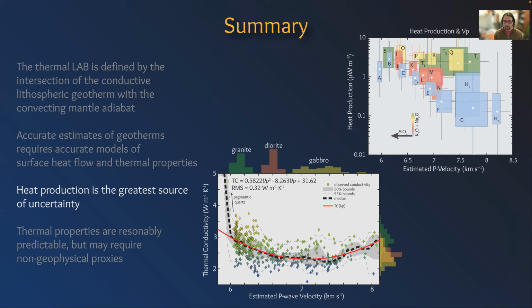One way we can improve our models of these thermophysical properties is by using seismic velocity, which might allow us to predict how these properties are varying with depth, if not in an absolute sense, at least perhaps in a relative sense.